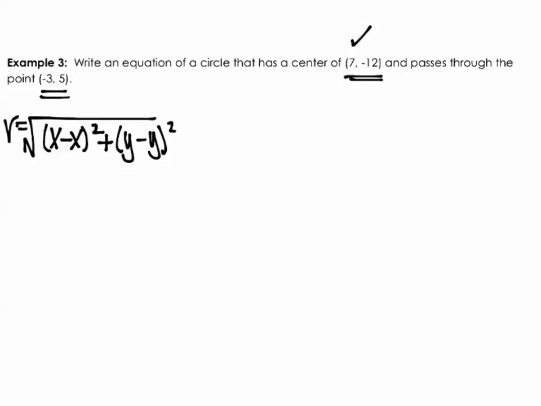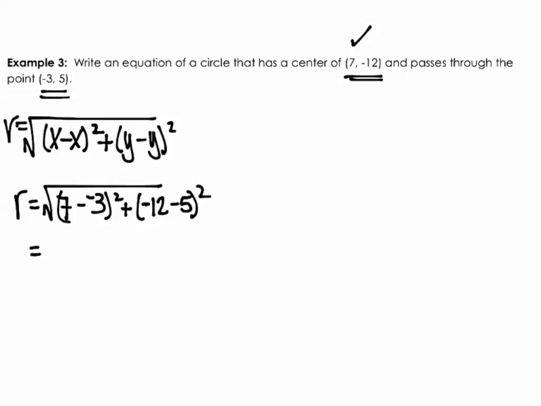And remember, for our equation, we really need r squared. So we're going to go ahead and figure out what this radius is using my x's. So (7 minus -3) squared plus (-12 minus 5) squared. So go ahead and do that math. 7 minus -3 is going to be a positive 10 squared plus -12 minus 5 is a -17 squared.